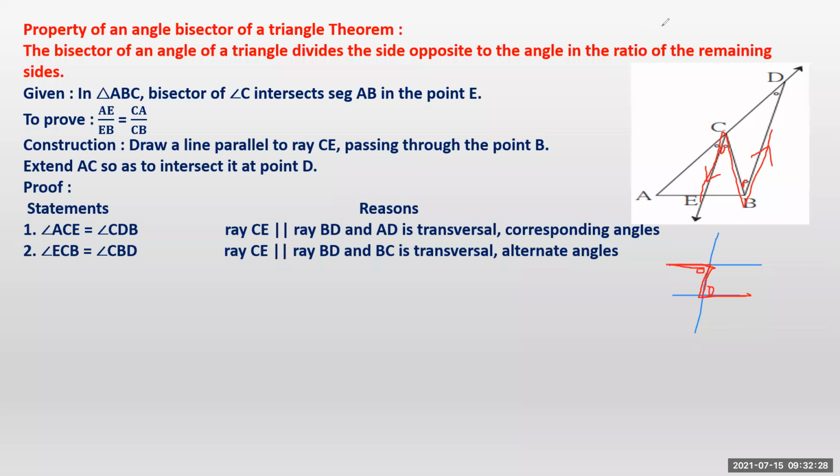Or it can be mirror image of Z, like this. Understand? These two angles, they are equal. These are the pair of alternate angles.